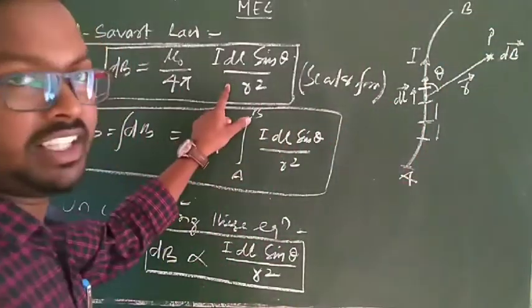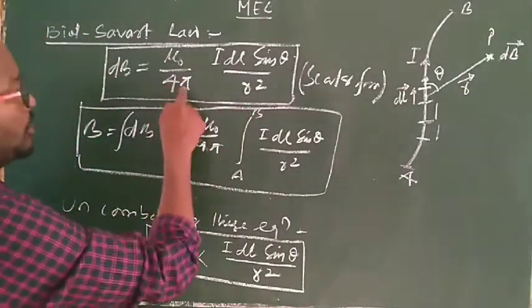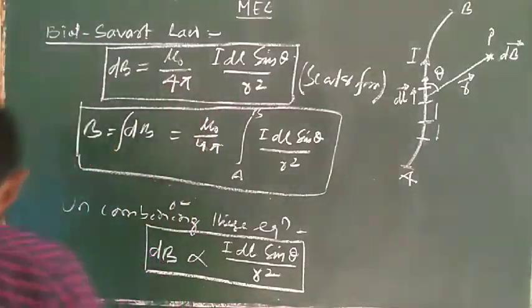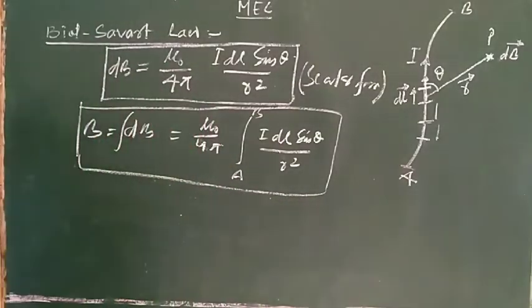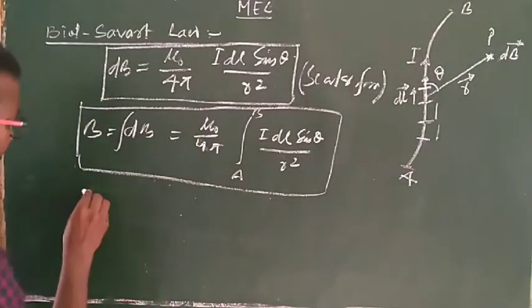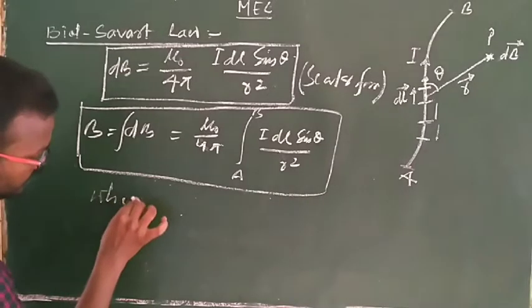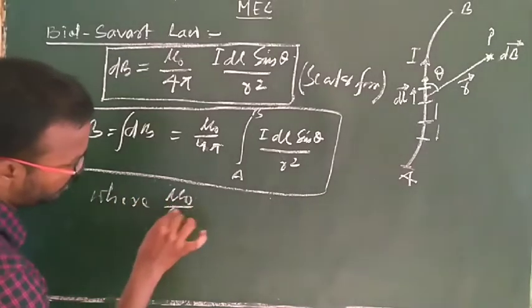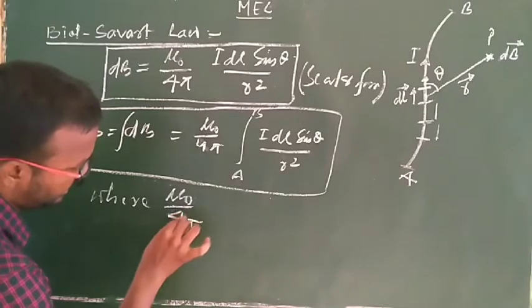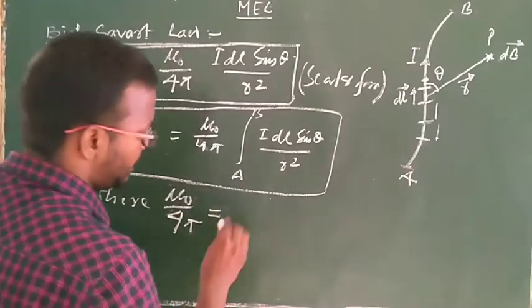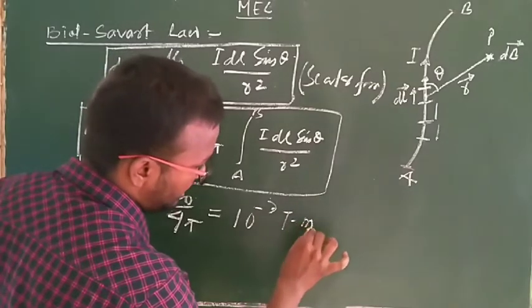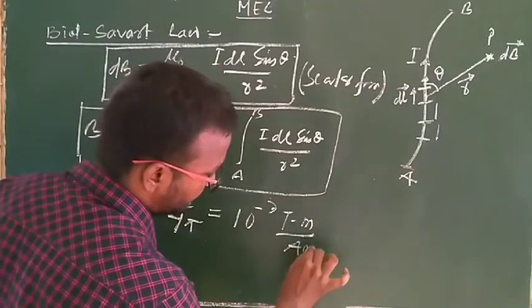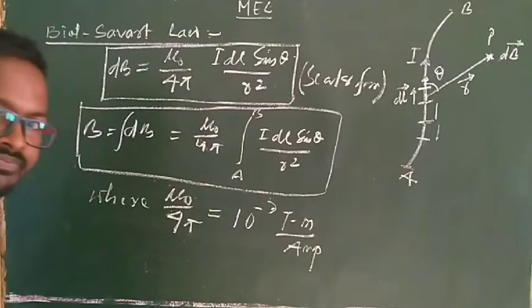So this is an important relation where mu naught by 4 pi is a constant quantity, and its value is 10 to the power minus 7 Tesla meter per ampere. Clear?